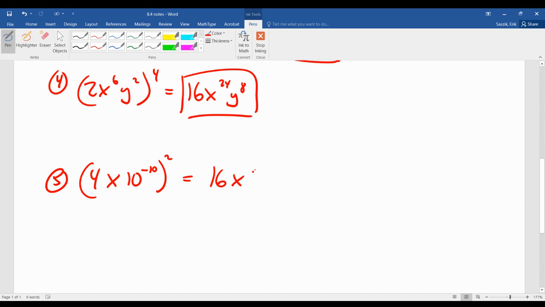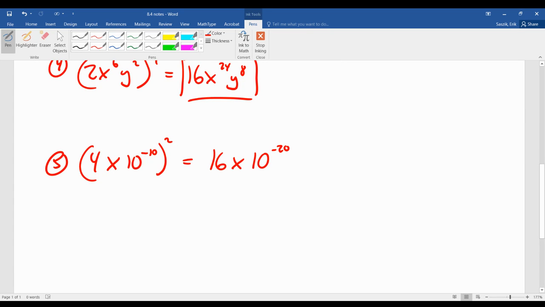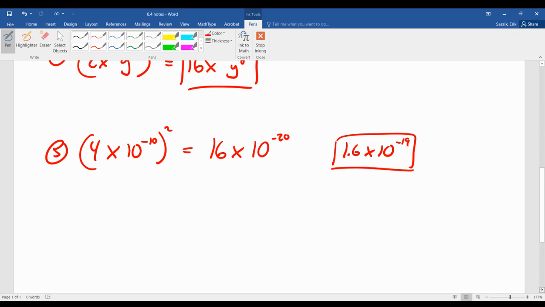Power to a power, you multiply, so that becomes negative 20. But remember, that is not scientific notation. We have to change that to 1.6. This is telling this invisible decimal to go 20 times to the left. I already moved it once to the left, so I'm actually closer. So that's what that would look like.